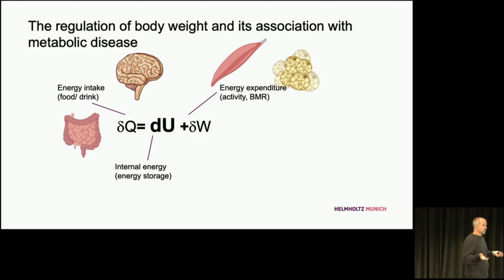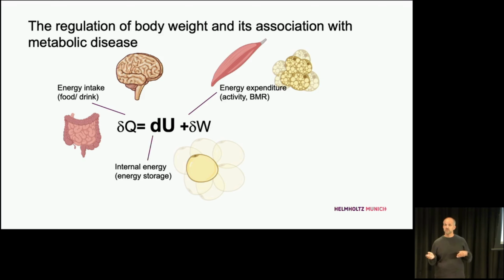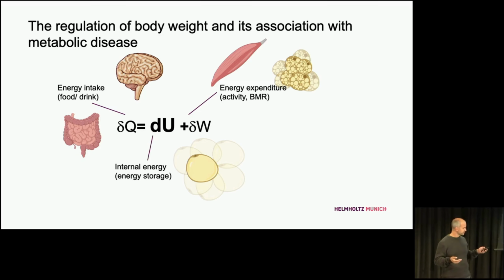That, of course, leaves our most favorite organ, the adipose tissue, really as a passive bystander. Even though everyone associates adipose tissue with obesity, it really has very little to do with the regulation of body weight.